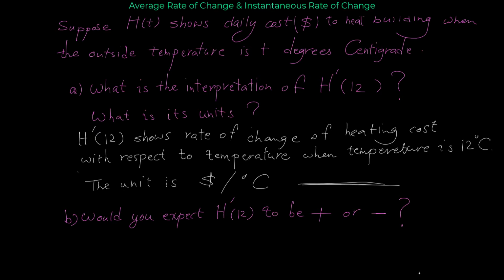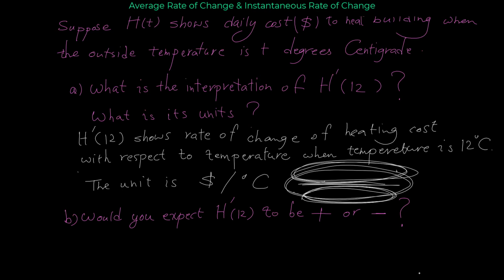The definition of average rate of change or instantaneous rate of change involves a fraction. In the numerator of the fraction, we have change in the function. In the denominator, we have change of the variable. The numerator is the function, and the unit of the function is dollar. So in the numerator, we have a dollar. In the denominator, we have change in the variable.